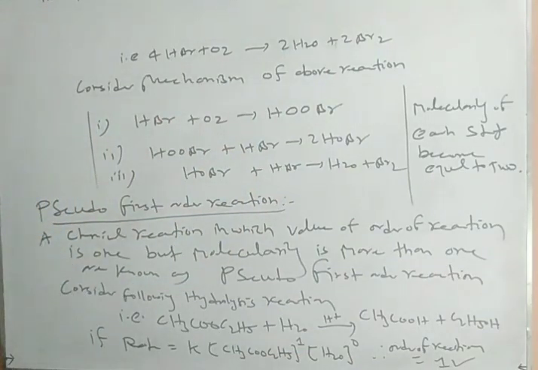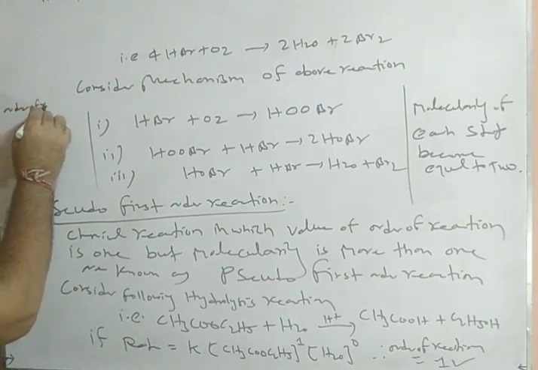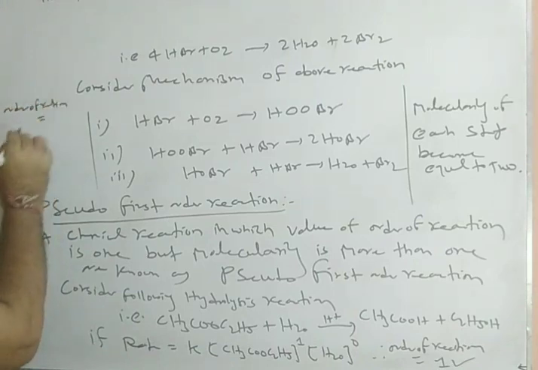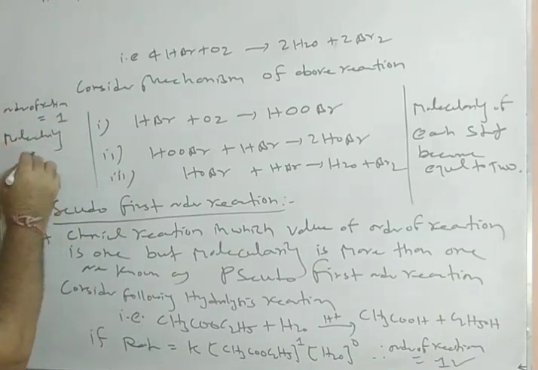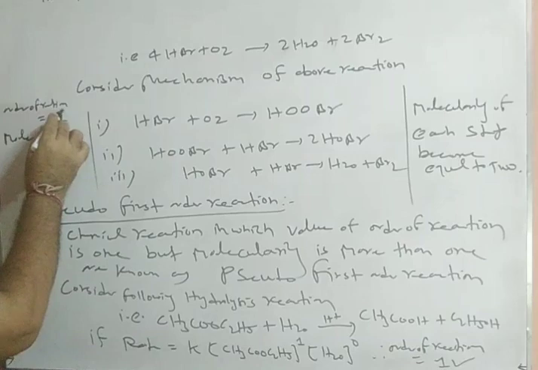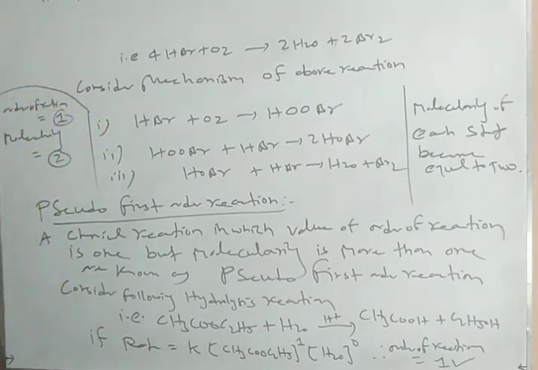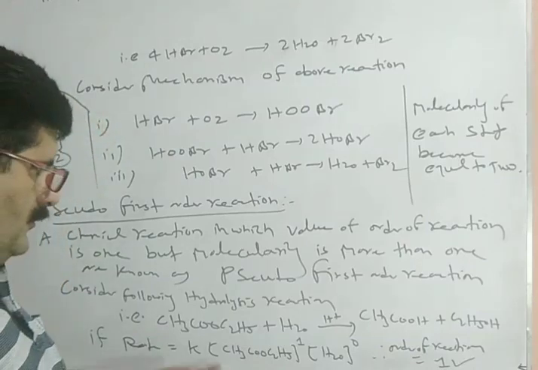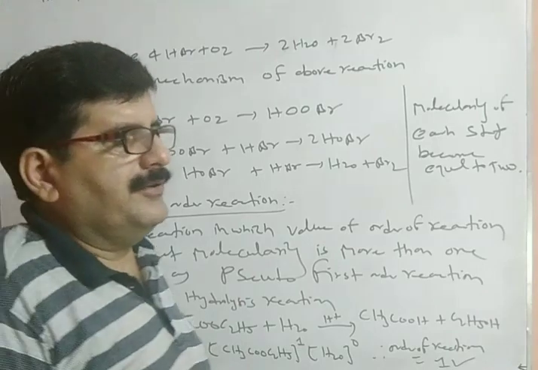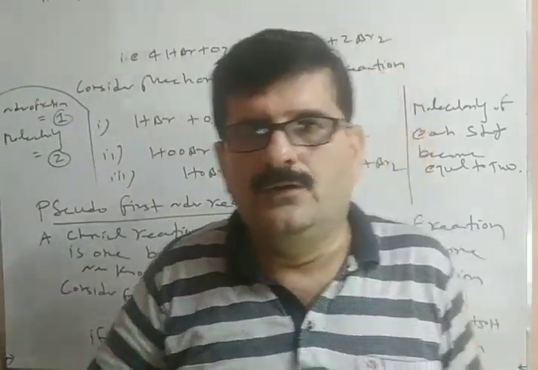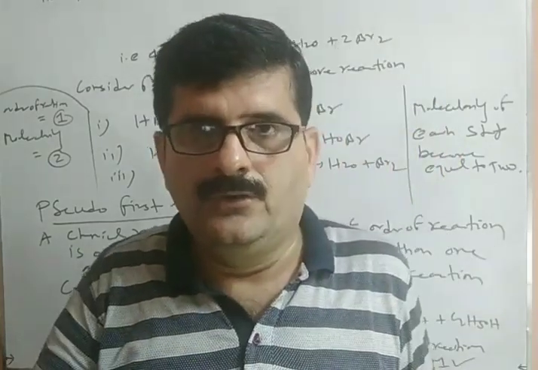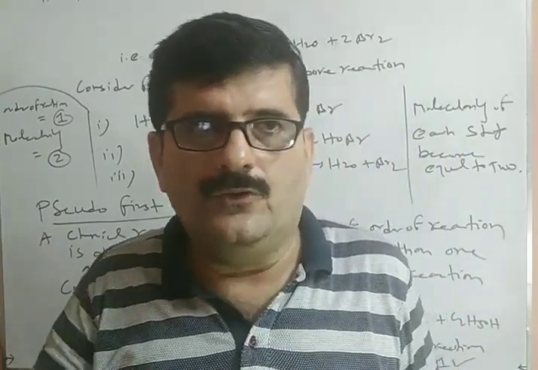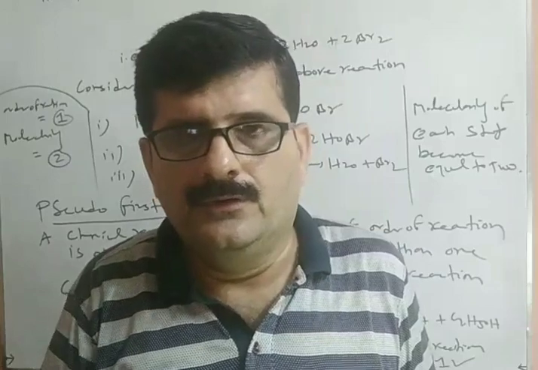In this reaction, the order of reaction is 1, and molecularity is equal to 2, because both molecules take part in the chemical reaction. That's why molecularity becomes equal to what? 2.